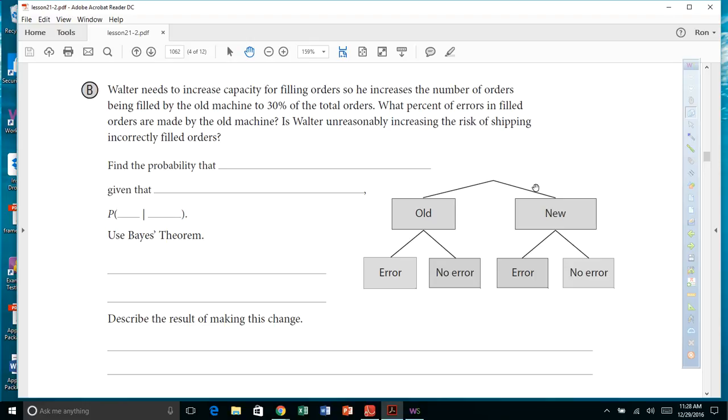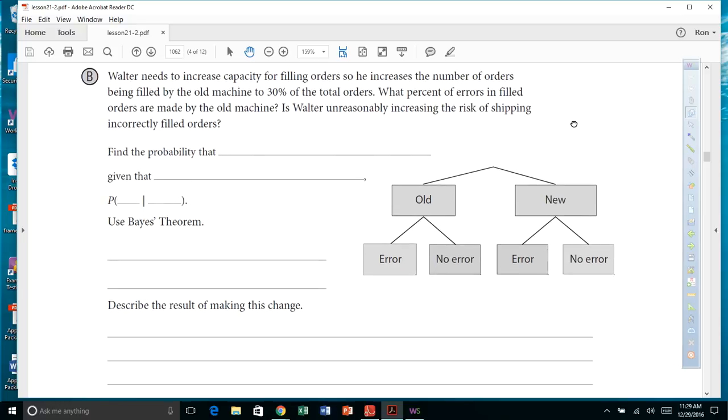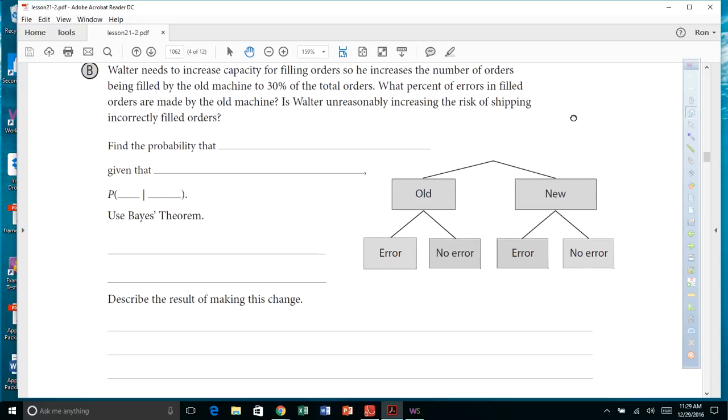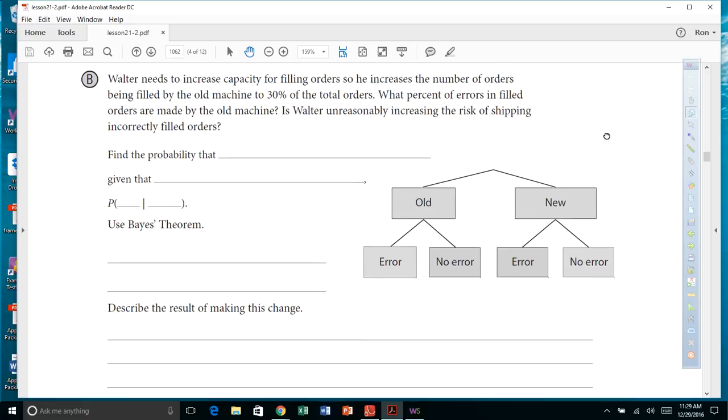B, Walter needs to increase capacity for filling orders, so he increases the number of orders being filled by the old machine to 30% of the total orders. What percent of errors in filled orders are made by the old machine? Is Walter unreasonably increasing the risk of shipping incorrectly filled orders?